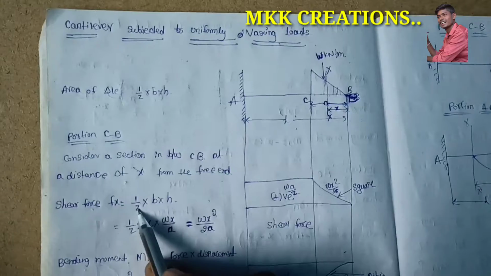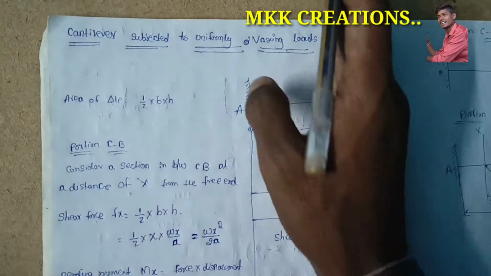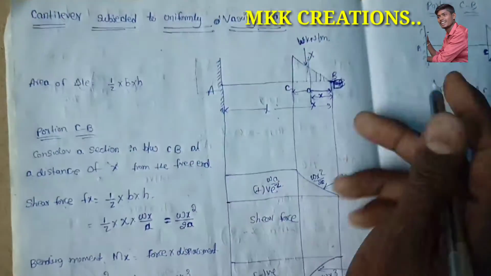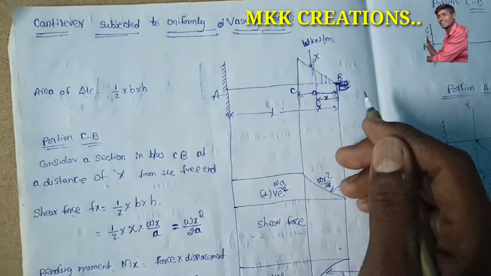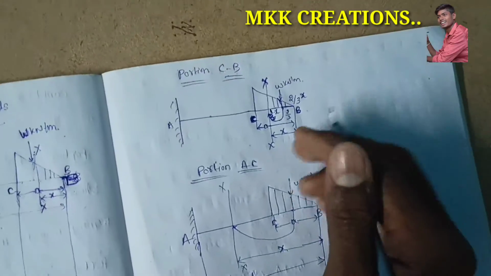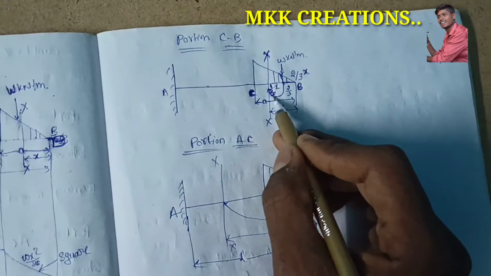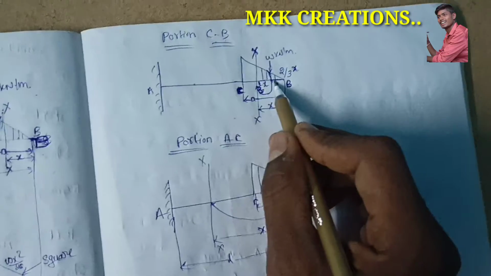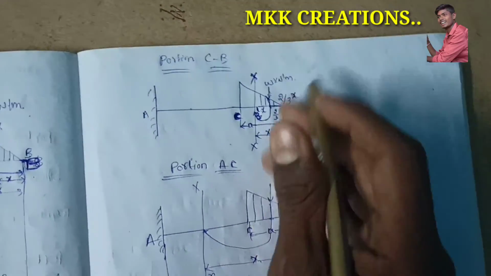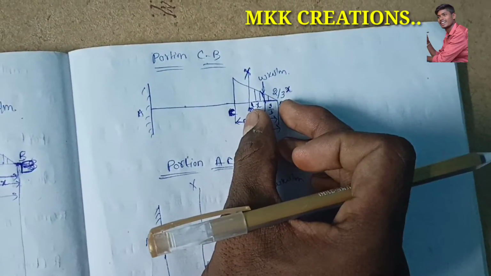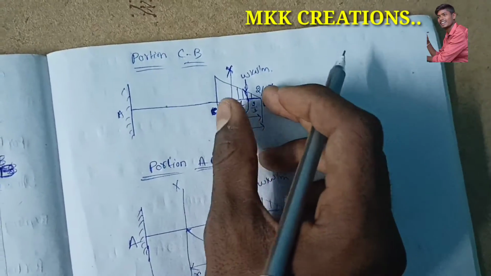Half is half. Next, the breadth is X, because we divided this into section XX and we consider only this section. Here we divide it into 2/3 of the portion and 1/3 of the portion. From the ending point it is 2/3 of the distance, and we are considering only this element, that means section XX, with X distance, not the entire one.